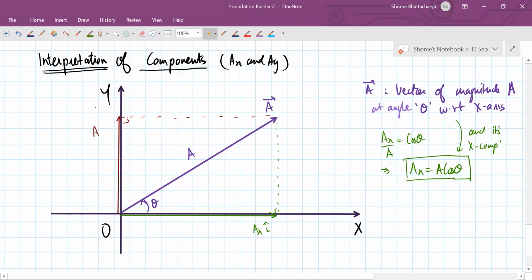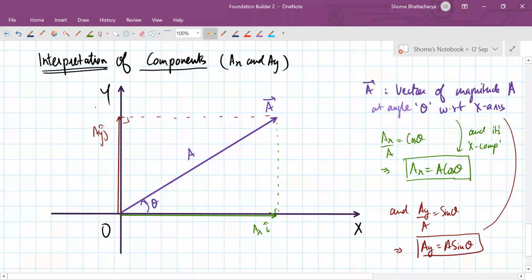So this is the same ay j cap, the same thing that we had drawn over here. So here in this triangle again you can see ay is basically the perpendicular. So perpendicular upon hypotenuse is how much? It is sin theta. So it has ay equal to A sin theta. Okay. So it has y component given by this.